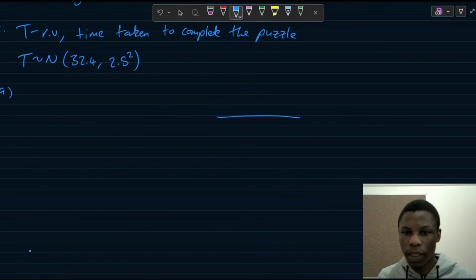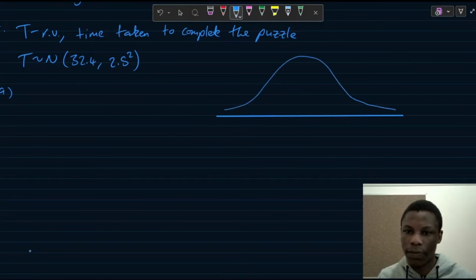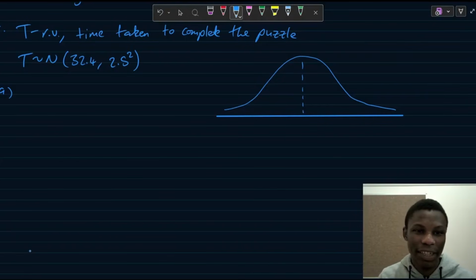So if they say 1.2 minutes of the mean time, I think it probably makes more sense if we represent this visually. My bell curves today are on point. Don't know what's happened, but they're curving. Anyways, our mean here is 32.4, and we're saying 1.2 of the mean time.